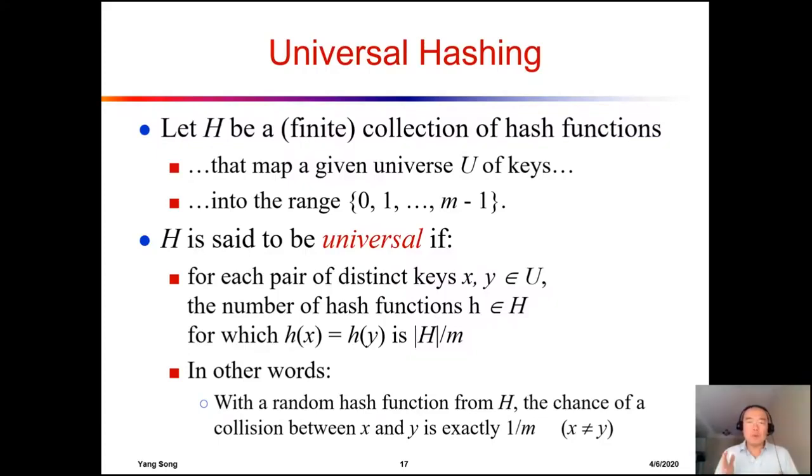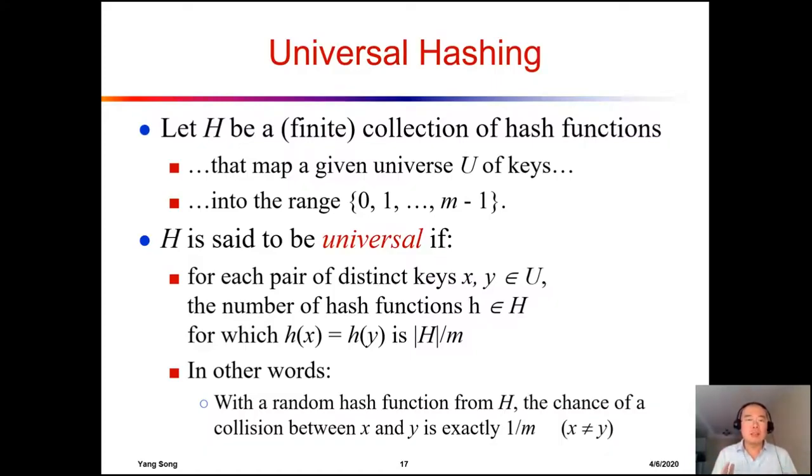If you don't like this definition, in other words, here is a better definition. If you have just a random x and random y, and you pick a random hash function from the collection of functions, the probability of the collision happening should be exactly 1 divided by m.